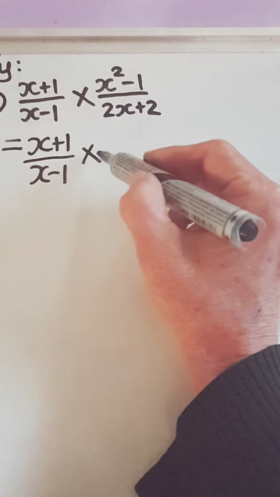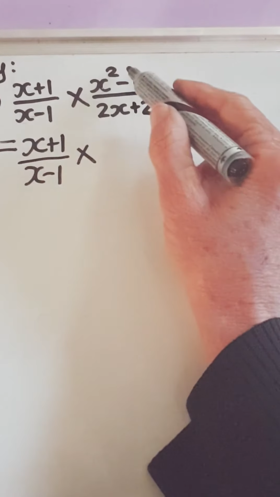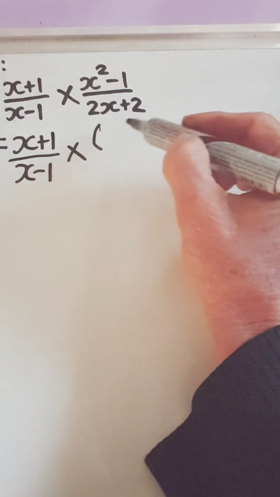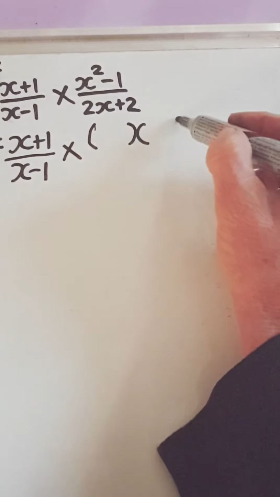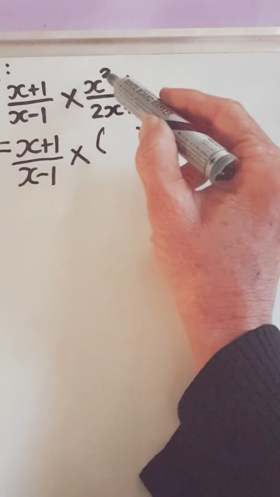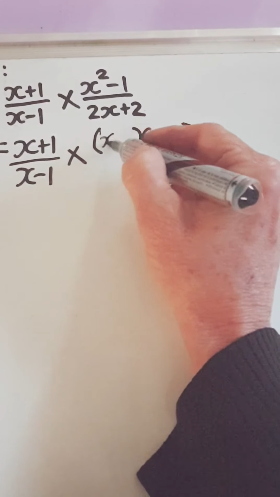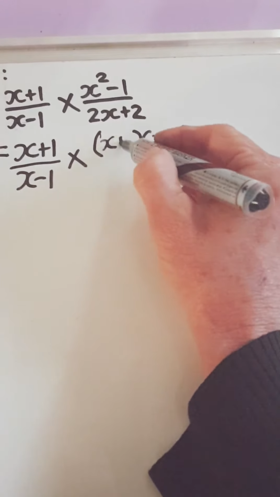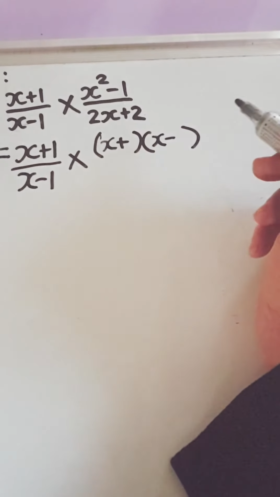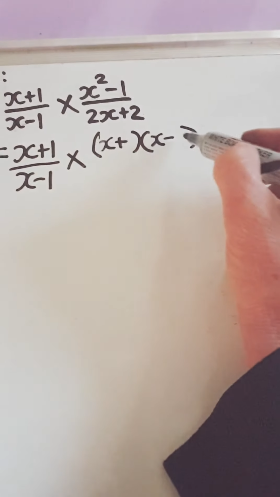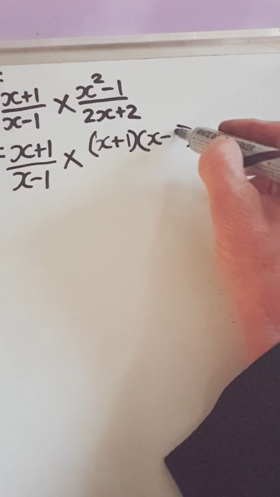And I'm going to multiply it with the factors of the numerator, which is 2 brackets, because it's a difference between squares, square root of the first term, which is x, opposite signs, because I want the middle term to fall away, square root of the last term, which is a 1 and a 1.